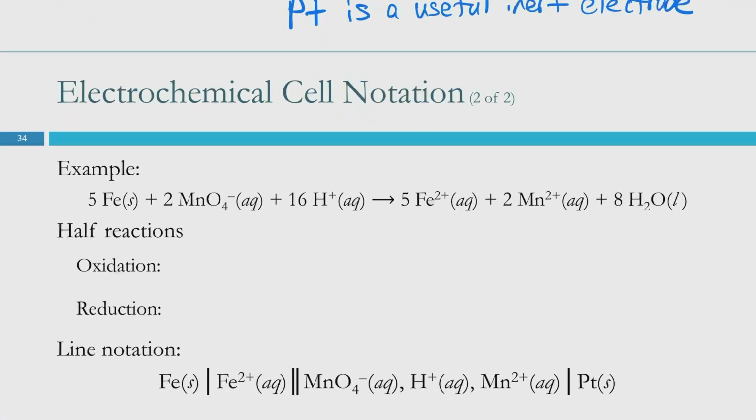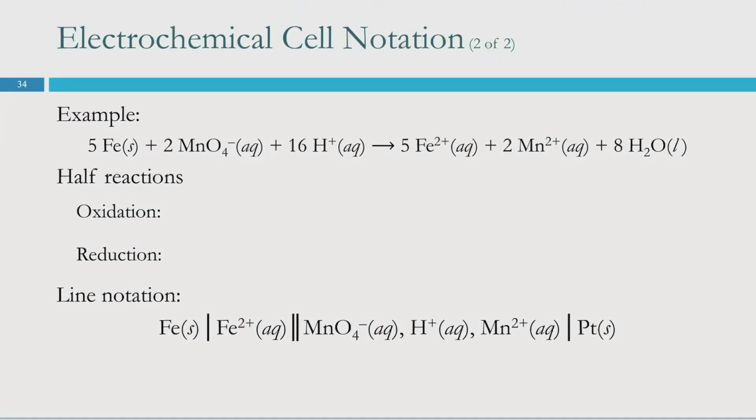So here's an example of putting together an electrochemical cell notation. We've got our full equation up top, and we can figure out the things that are involved in our half reactions for oxidation and reduction. They're already broken down below.